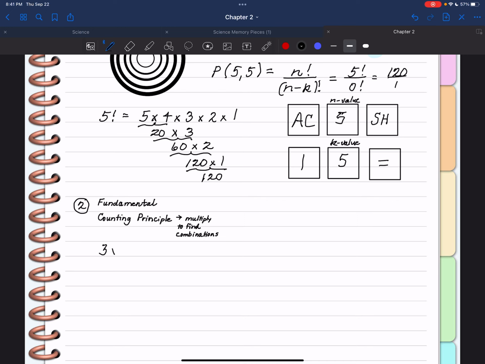So he should have said 3 roller coasters, 3 merry-go-rounds, and 2 fun houses. So 3 threes are 9, and 9 times 2 is 18. So there are actually 18 possible choices, and I like answer D on that one.